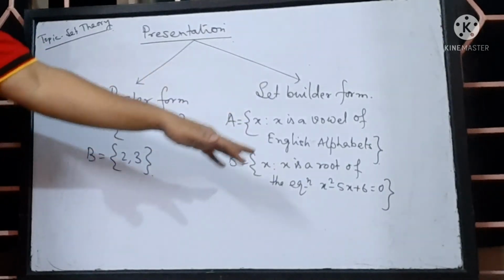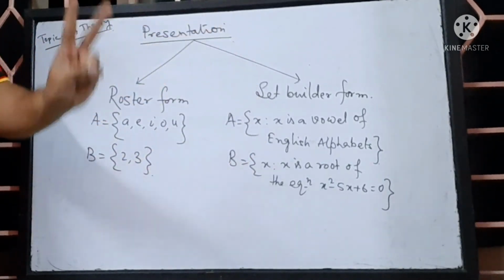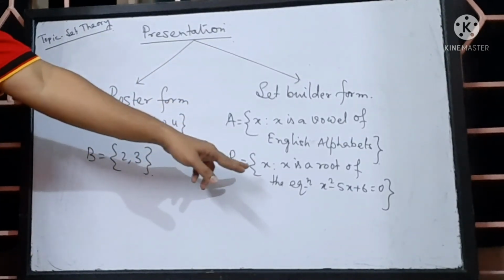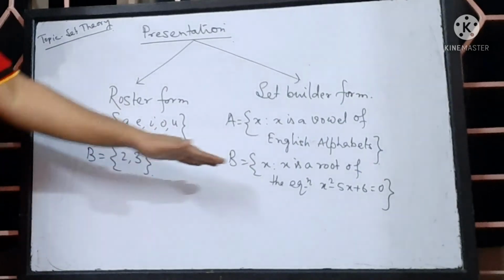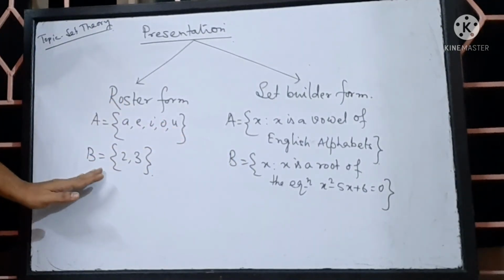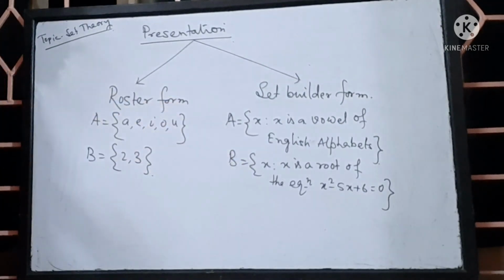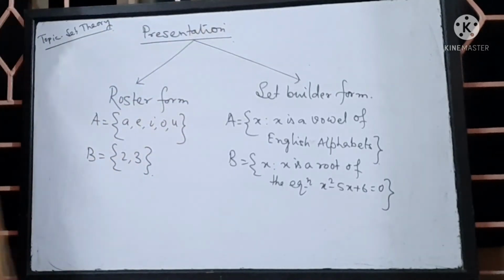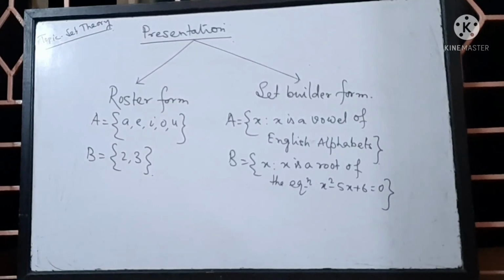If we solve x squared minus 5x plus 6, we get 2 roots. One is 2, the other is 3. That is the set B. So these two are the same set. This also B and this also B. The presentation is different, one in roster form, the other in set builder form.